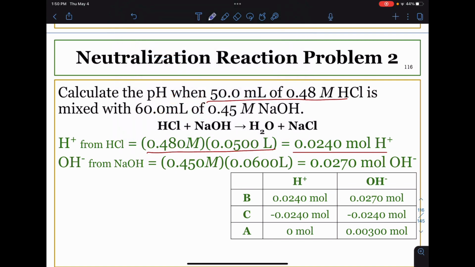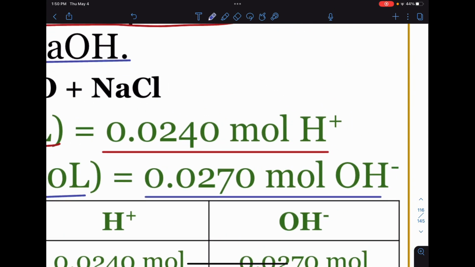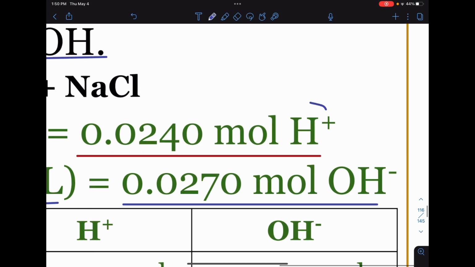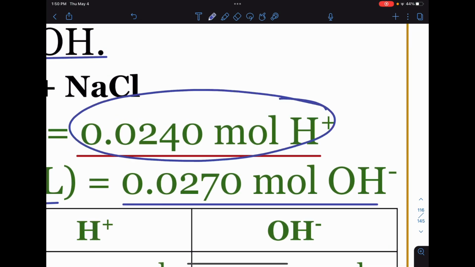We'll look at the base in blue here. We've got 60 milliliters of 0.45 molarity sodium hydroxide. That's right here, molarity times liters. And we're left with 0.0270 moles of hydroxide. Just looking at these two numbers, we can see that the hydrogen ions are going to run out first when they start reacting because they react in a 1-to-1 ratio.